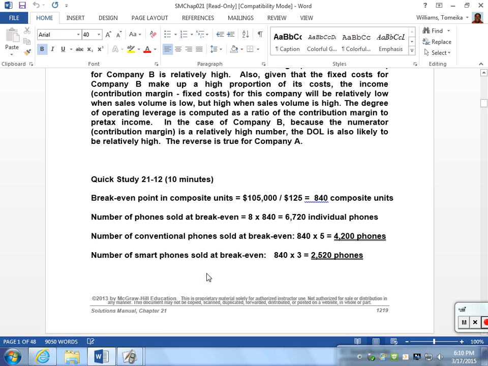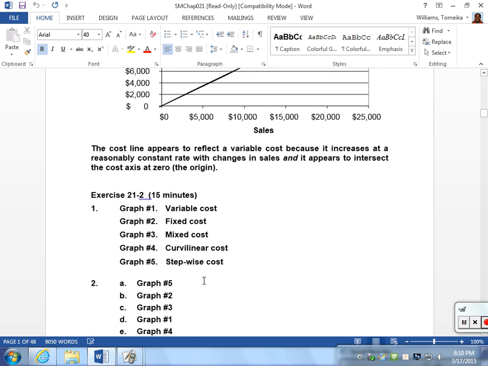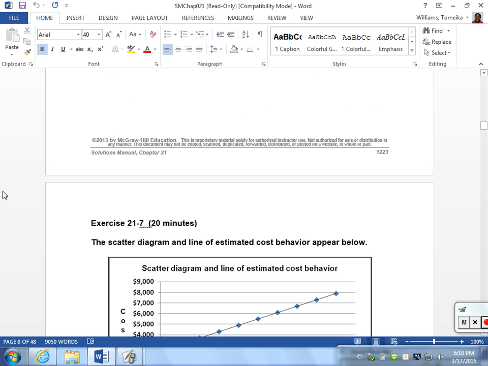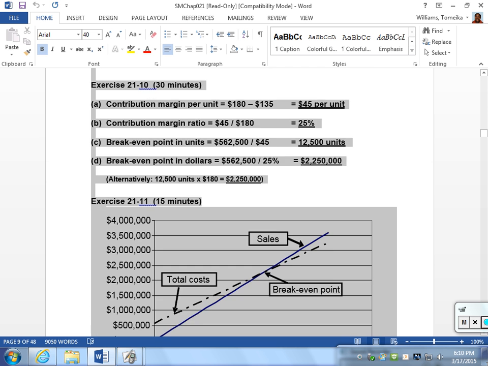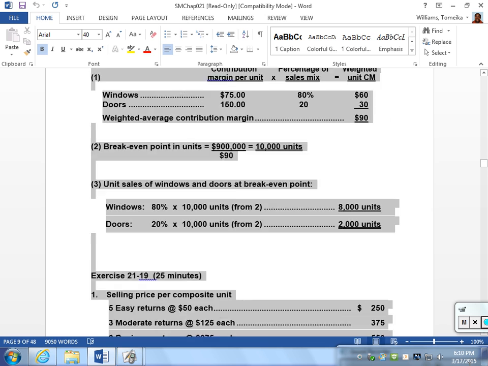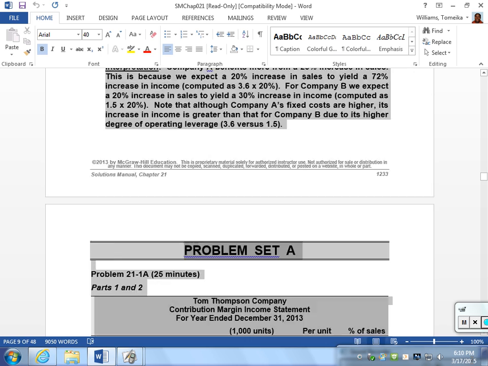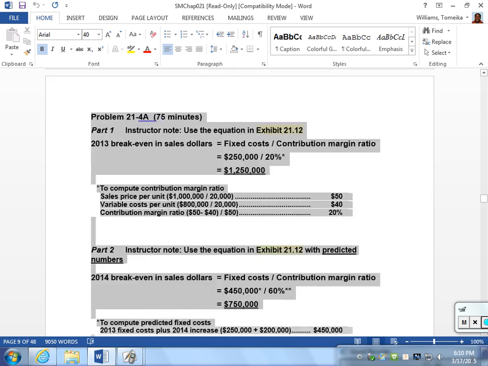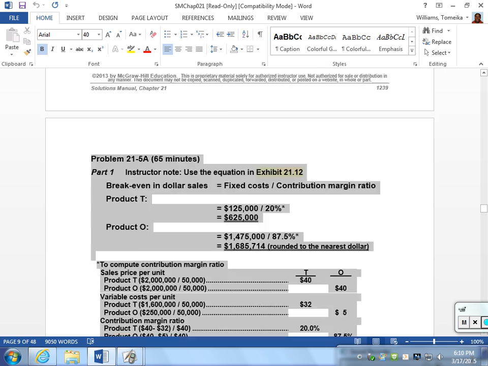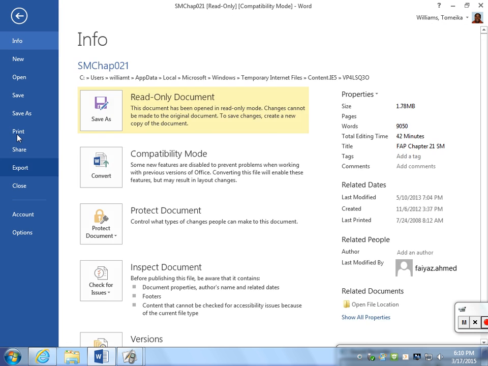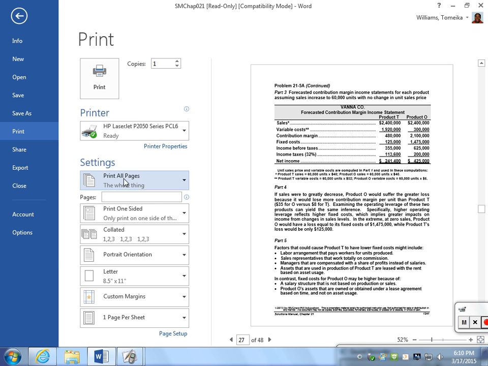Somebody read that exercise to me, please. 21-7. Student Improvements reports the following information about its sales and cost of sales. Draw an estimated line of cost behavior using a scatter diagram, and compute the fixed cost and variable cost per unit.